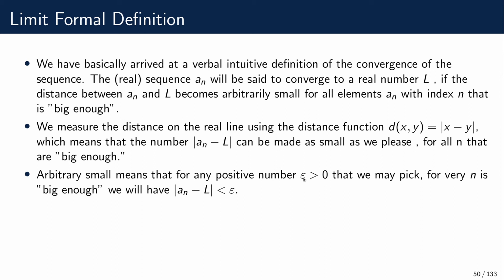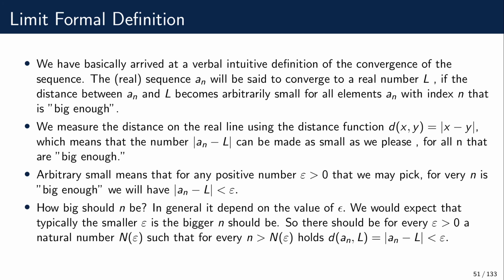So we say that for every positive number epsilon, as small as it may be, from some point on, the distance of all the elements from the limit will be smaller than this epsilon that I choose. And I can choose epsilon to be as small as I please. So now it remains to see how big this n should be.